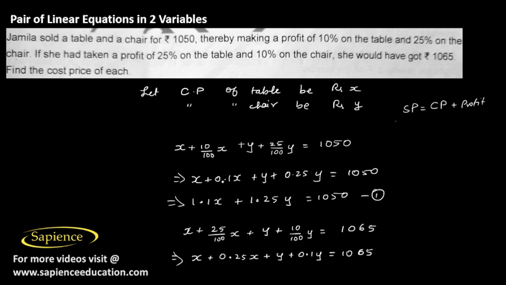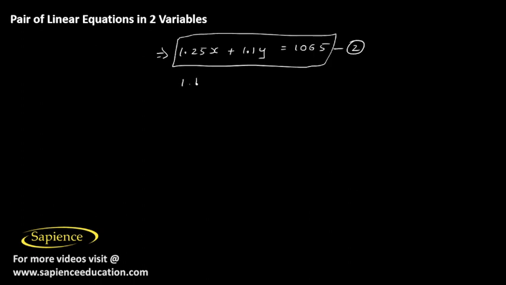Now we have two equations, so we should be able to solve for two variables. In these two equations, the coefficient of x in the first equation is the coefficient of y in the second equation, and the coefficient of y in the first equation is the coefficient of x in the second equation.